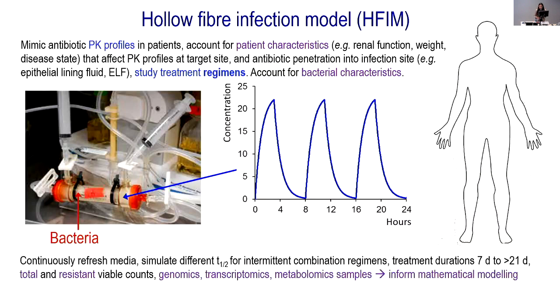During these studies, we can measure the total bacterial counts as well as resistant bacteria, and we can perform various omics analysis, which can then inform our mathematical modeling. We are using a similar model for biofilm bacteria, which is the CDC dynamic biofilm reactor.